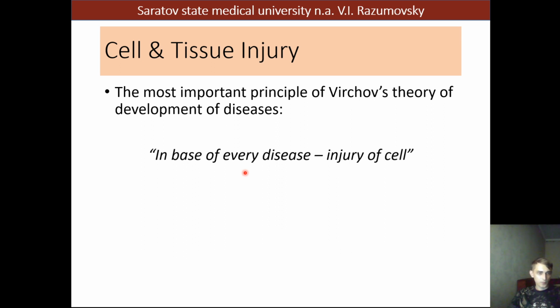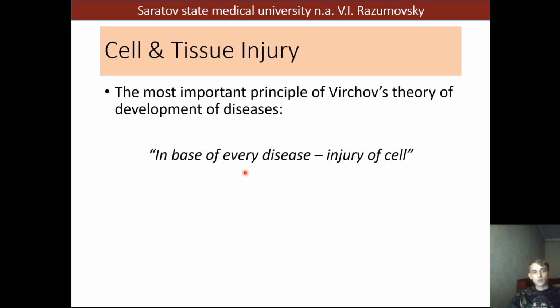I should tell about Virchow's theory and why it is most interesting for us, as doctors nowadays. The theory of Virchow was described in the 18th century. Virchow said that at the base of every disease is cell injury.